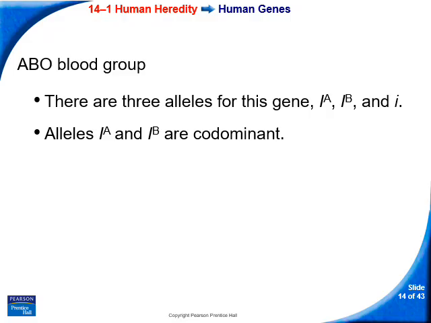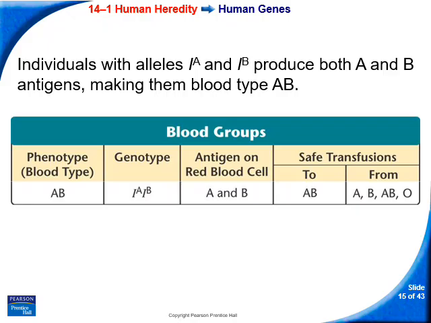So allele A and B are both dominant. When the individual is capable of producing both A and B, then both of them will be expressed. You will have AB. Nothing will be masked off because both A and B are codominant. Here is your blood type AB.